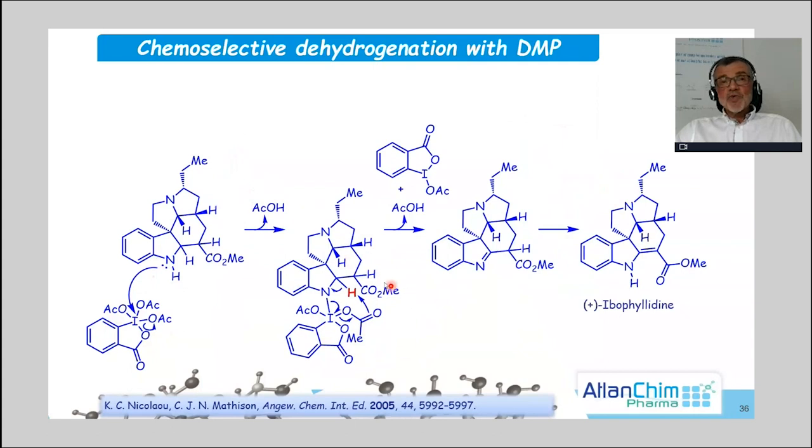Then intramolecular tertiary hydrogen abstraction, so this hydrogen in red, and elimination of acetic acid and this 2-iodobenzoic acid derivative leads to this iminium, which by a simple isomerization of this nitrogen-carbon double bond gives the target natural product with here the alpha-beta unsaturated ester motif.